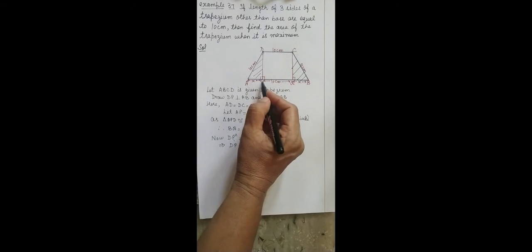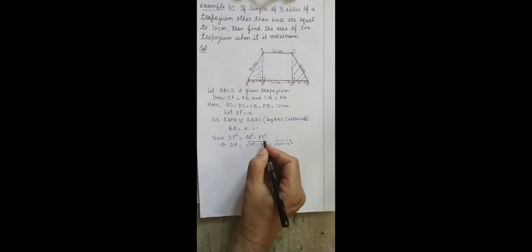Now I have to find the height of the trapezium, that is DP or CQ. They will be the same. So now in right triangle APD, by using the Pythagoras theorem, DP square will be equal to AD square minus AP square. Now what is my AD? It is 10, and what is AP? It is x. So DP will be equal to the square root of 100 minus x square. So now the area of trapezium ABCD will be equal to half into the sum of the parallel sides into height, which becomes, first parallel side is 10 and the second, which is AB, will be written as x plus 10 plus x.